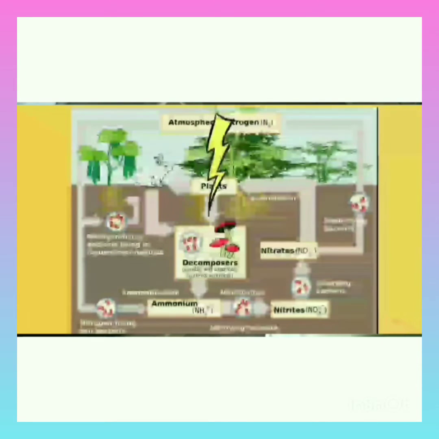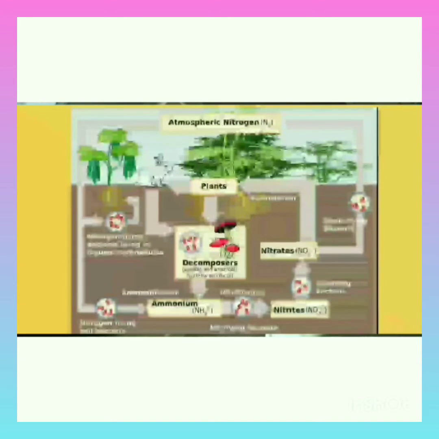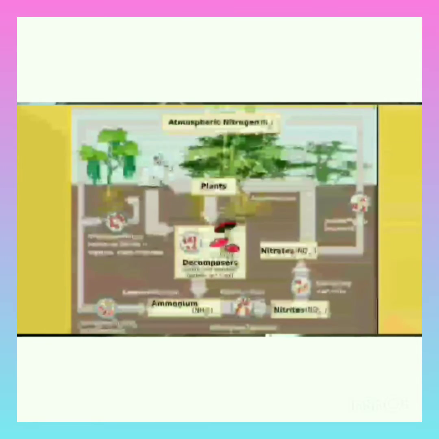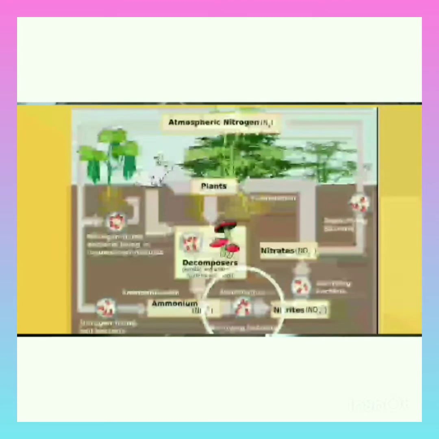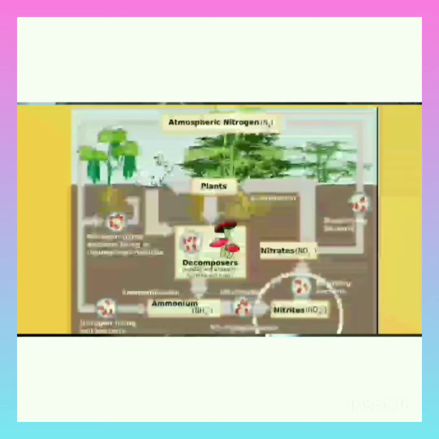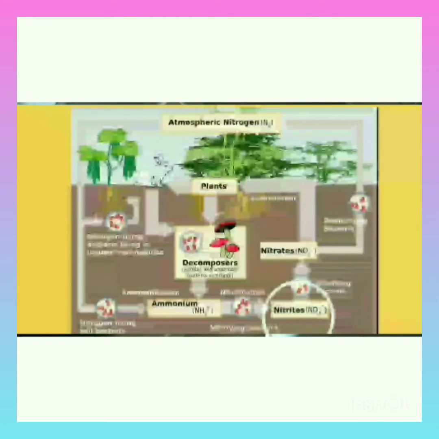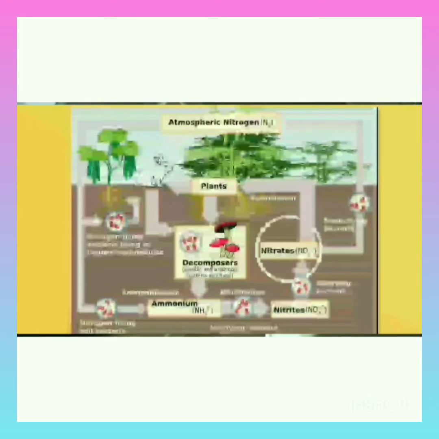Now, ammonia is toxic, so additional bacteria combine this ammonia with oxygen in a process called nitrification. At this point, the nitrogen is in a form called nitrite. Additional nitrifying bacteria convert this nitrite to nitrate.